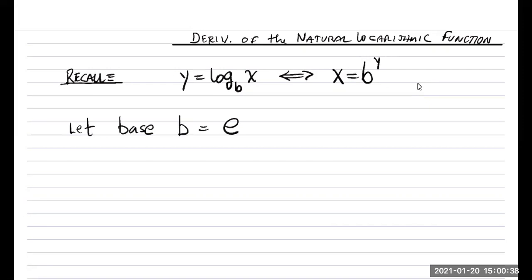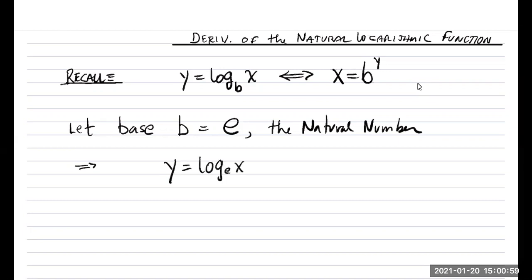Let's let the base b equal the natural number e. Okay, then that special relationship looks like this. Okay, see how that works?